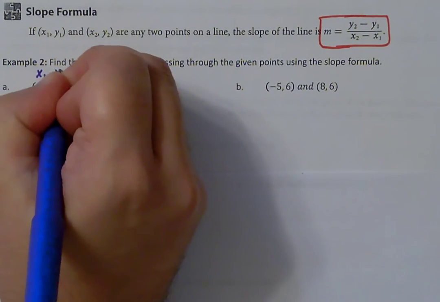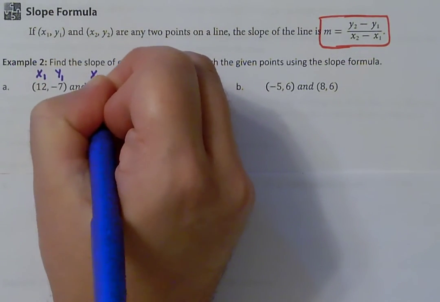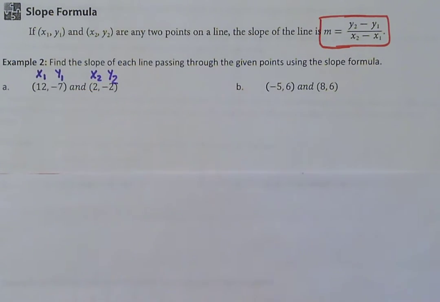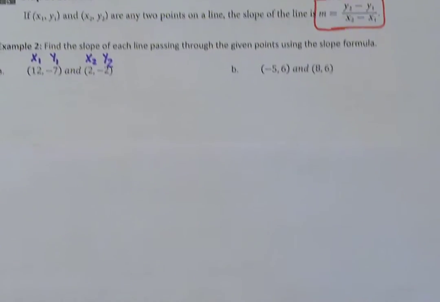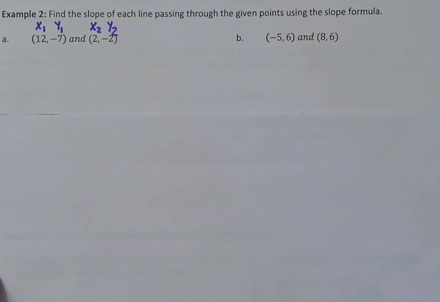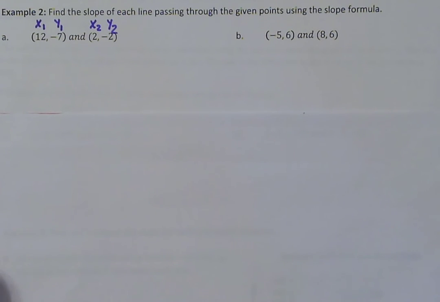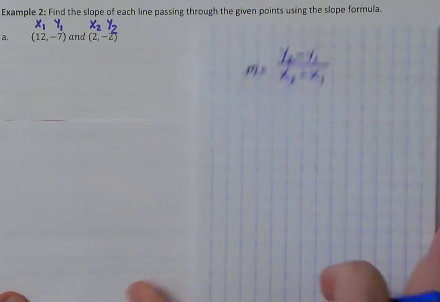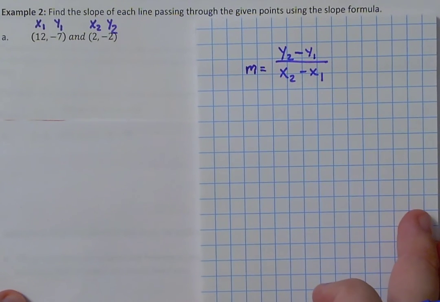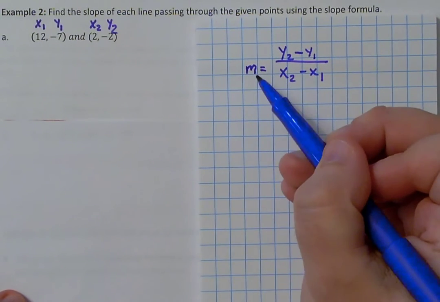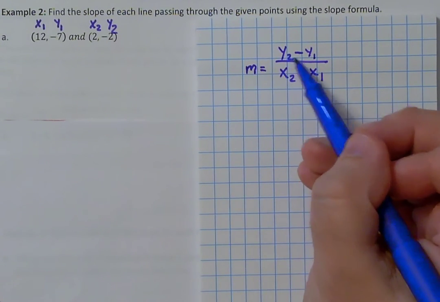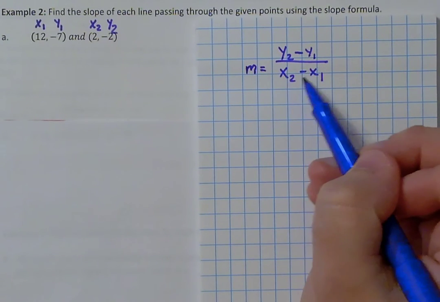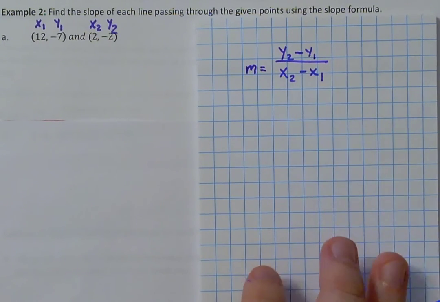So x1, y1, x2, y2. I'm going to move this up so we can focus on this problem, and then bring in the slope formula to reference. Our slope formula is m equals y2 minus y1 over x2 minus x1.